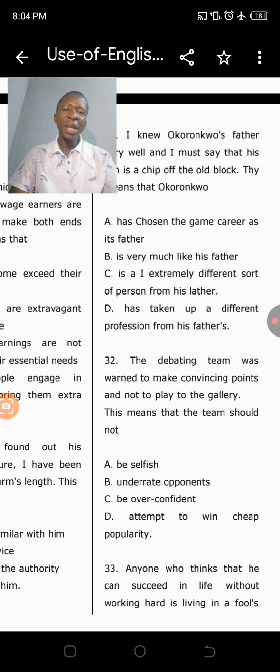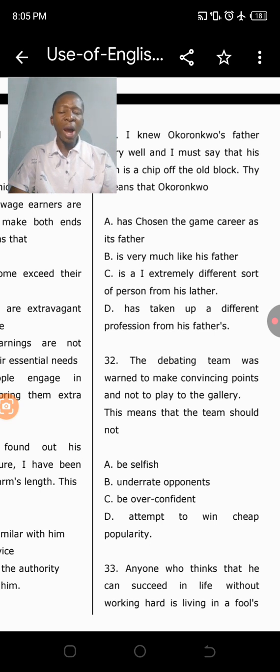So the debating team was warned to make convincing points and not to play to the gallery. Therefore, the students should not attempt to win cheap popularity.